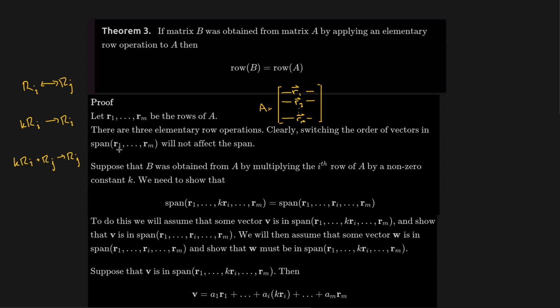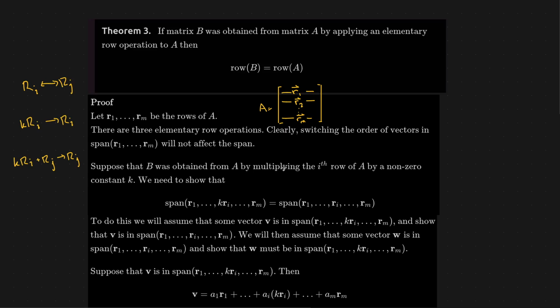Remember, the span is just the set of all linear combinations of that spanning set of vectors. So if I take this vector and swap it with that vector, or take this row and swap it with this row, all the rows are still there. All the vectors are still there. So I'm taking a linear combination of the same vectors. I'm just changing which one comes first.